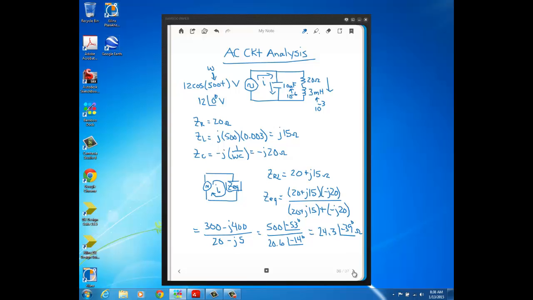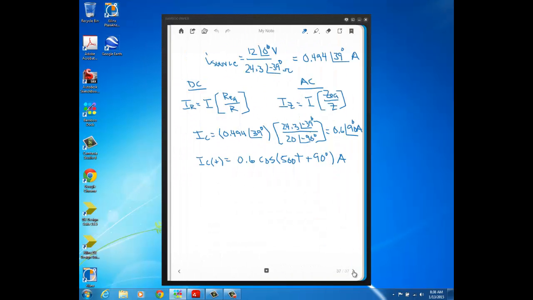So I could find IRL in this circuit. I could do IRL by just taking the source current and subtracting from that the capacitor current. Because again, just like in a DC circuit, in an AC circuit, currents into a node have to equal currents out of a node.